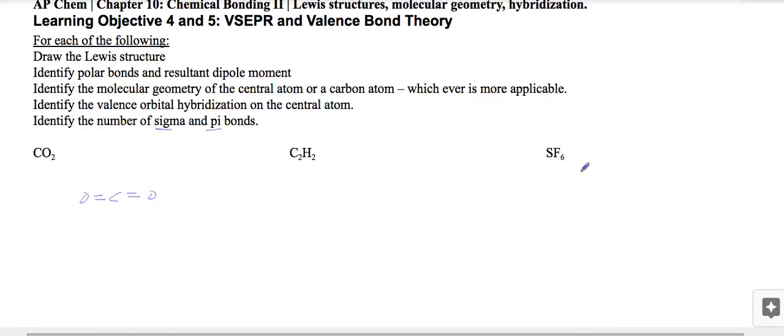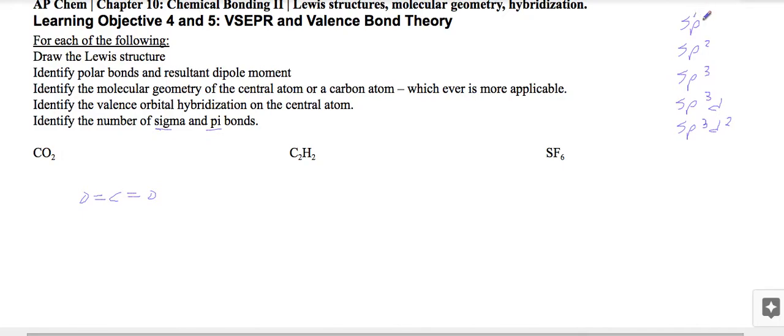So we have our carbon, oxygen. Now remember, we have these different hybridizations. We have sp, sp2, sp3, sp3d, and sp3d2. And we can count up the number of things that are attached to the central atom and get the hybridization that way.